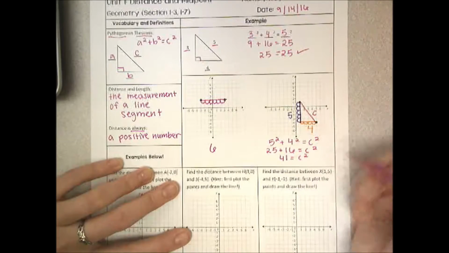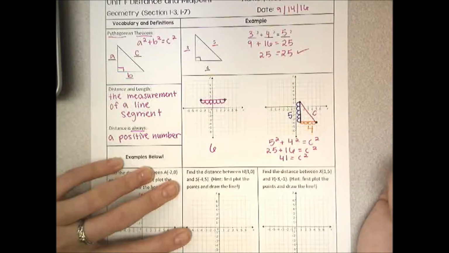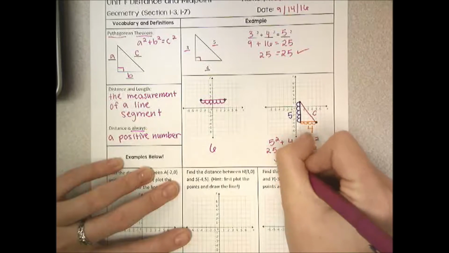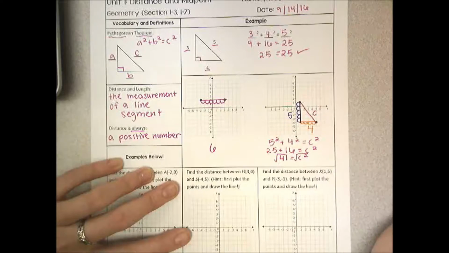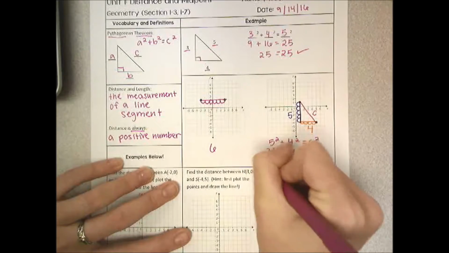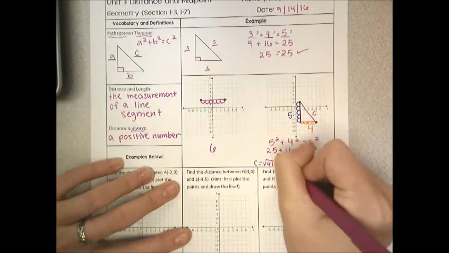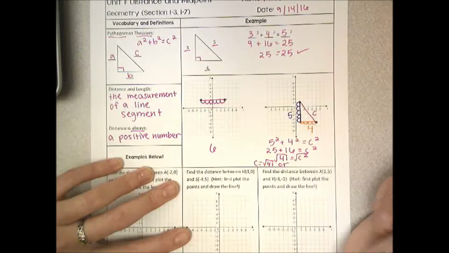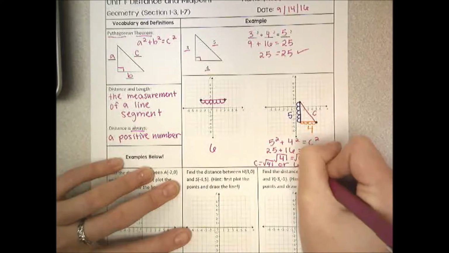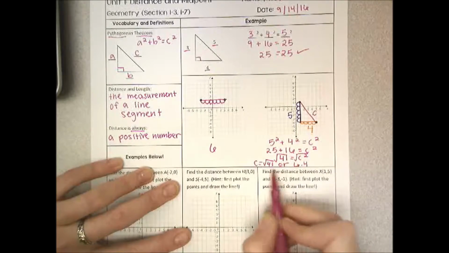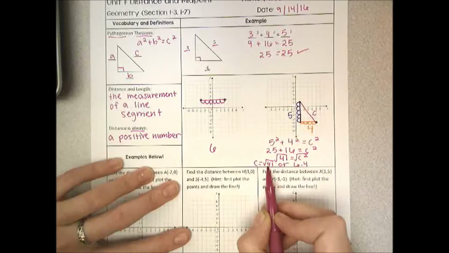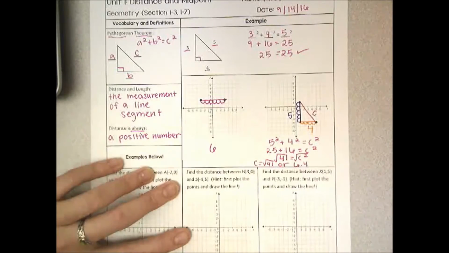The opposite operation of squared is square root. So I'm going to take the square root of each side. At this point, you can leave your answer as c equals the square root of 41, or you can type that in your calculator and get a decimal of 6.4. So you can choose to leave the square root, or you can type it in to get the decimal.